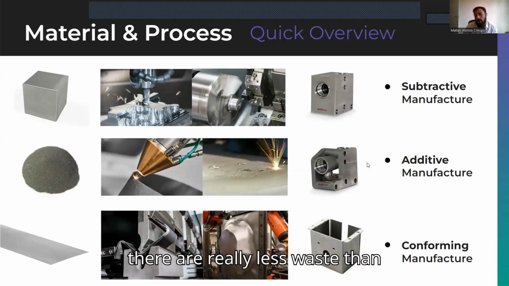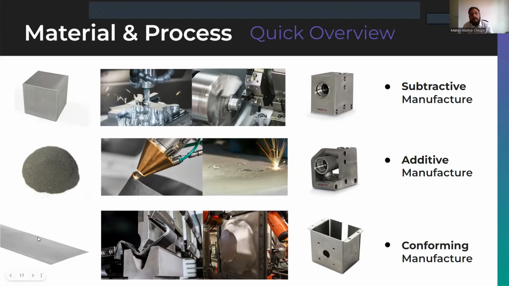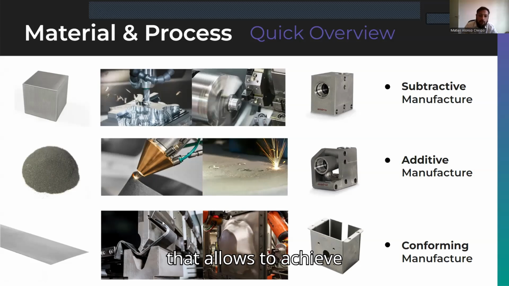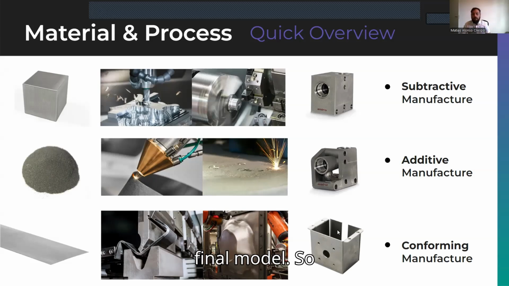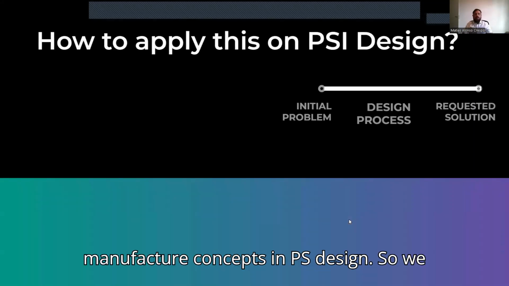So there is much less waste than in a subtractive method. And we have conforming manufacture, a combined manufacturing process that allows conforming operations to achieve the final model.